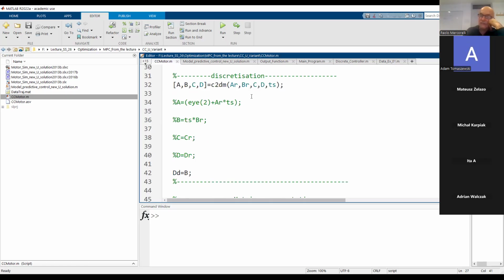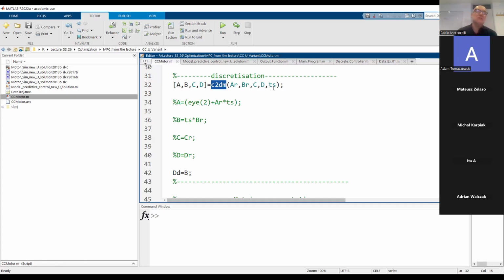I used this discretization. I didn't apply the forward Euler, do you remember, because I would like to test this one. This is the MATLAB function which realizes the discretization.